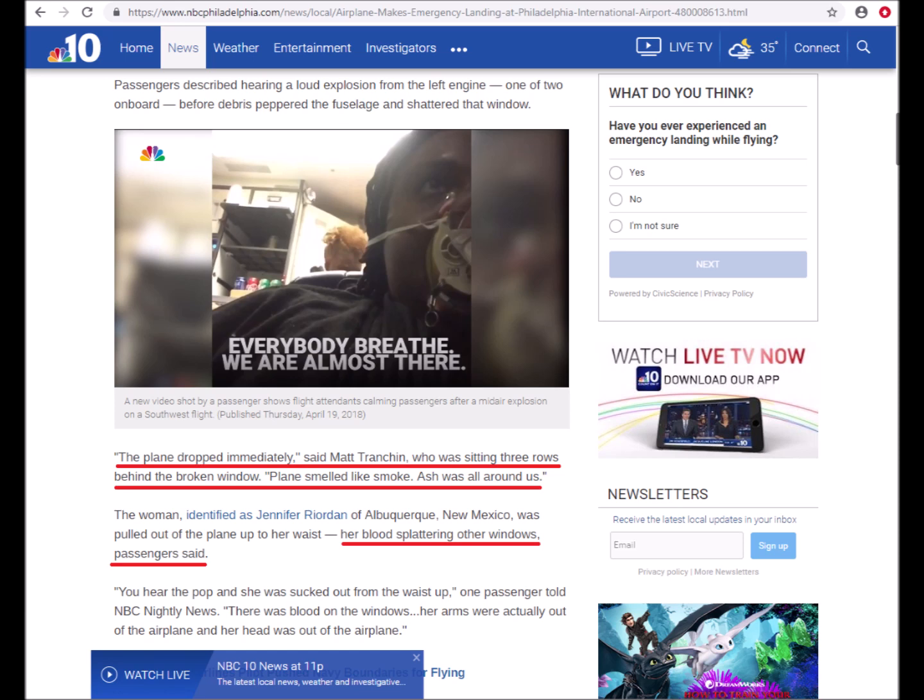So now we have multiple news stories commenting on the smell of smoke, and therefore air coming in from the outside. But it is the smoke smell that is commented on, never the cold. Should be tremendously cold air blowing around, making the cabin probably 0 degrees after some time.